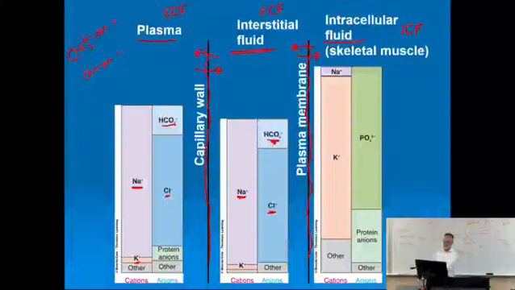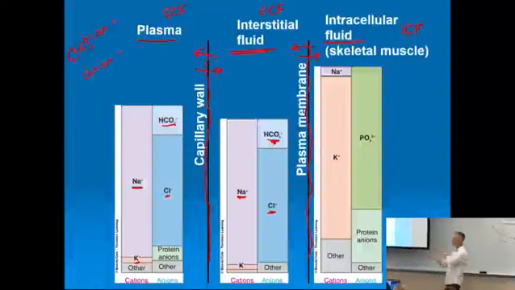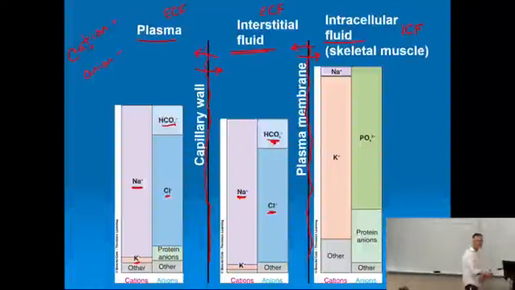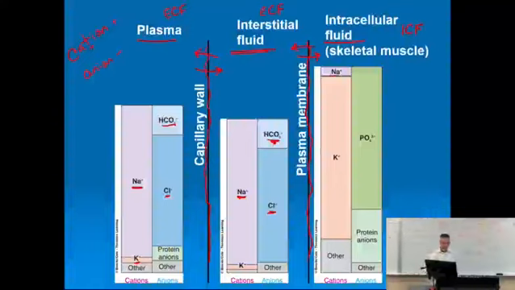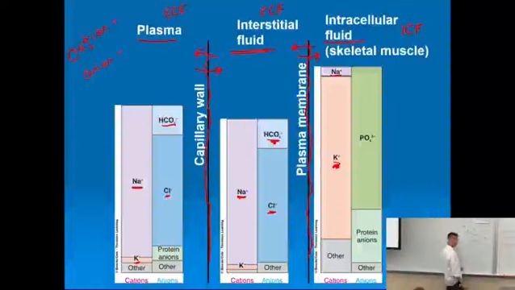So let's compare that extracellular fluid. Look on the right side there, and look at the distribution of ions inside of the cell. It's almost the opposite, right? There's very little sodium inside of the cell. There's a lot of potassium inside the cell. And why is that? Because we have the sodium-potassium pump, right?